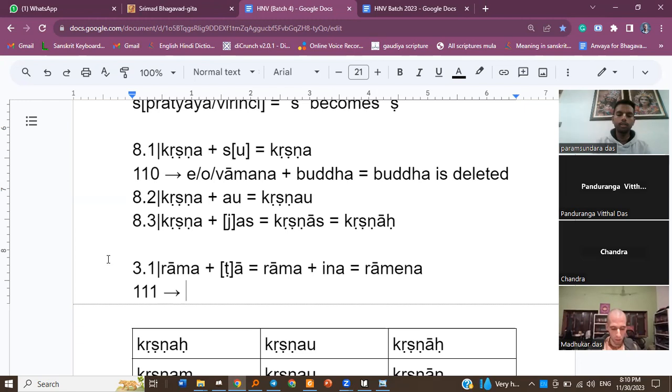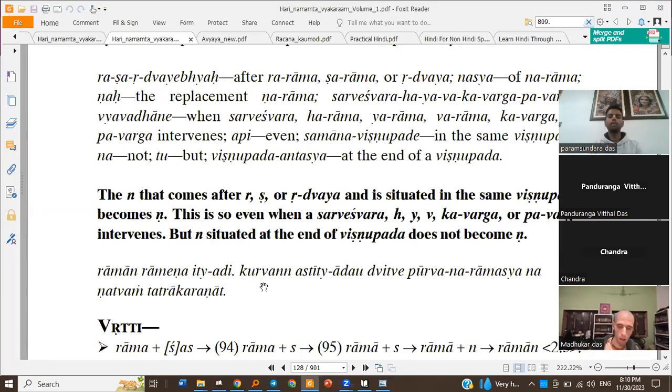So this sutra says Ra Sha Ridvya. If we have Ra Rama or Sha Rama or the Ritvaya followed by Na, so that Na becomes Na. Now, this sutra further says this is so even when a Sarveshwara, Ha, Ya, Va, Ka Varga or Pa Varga intervenes.